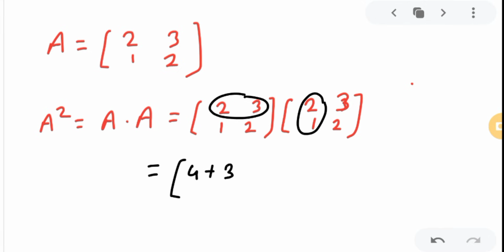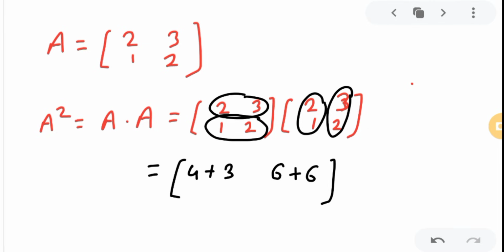And then first row second column. So 2 into 3, that is 6, plus 3 into 2, that is 6, correct? Now second row, first column.